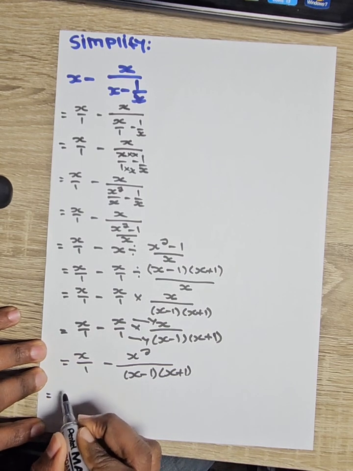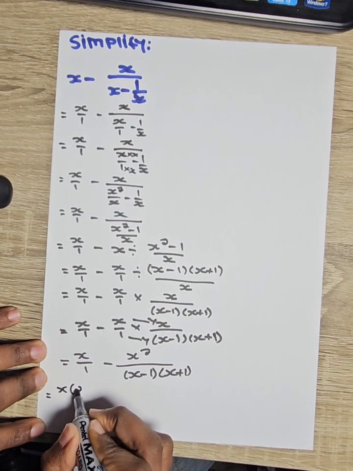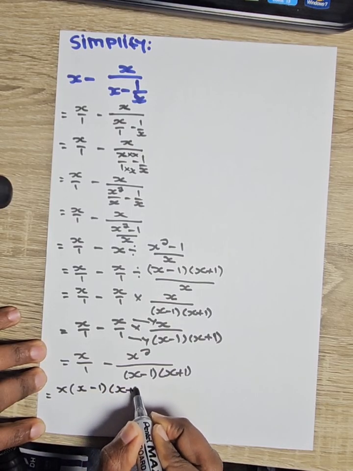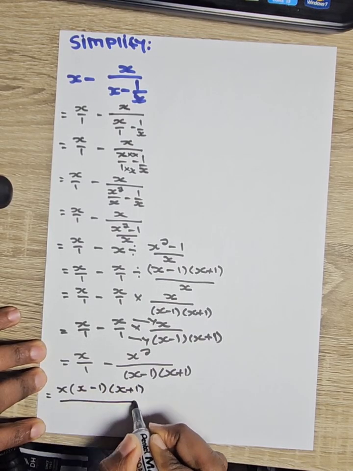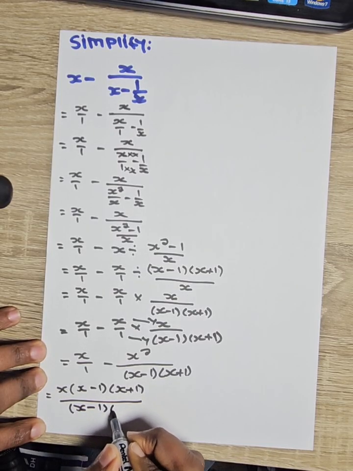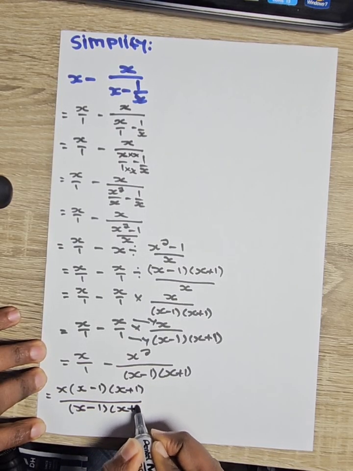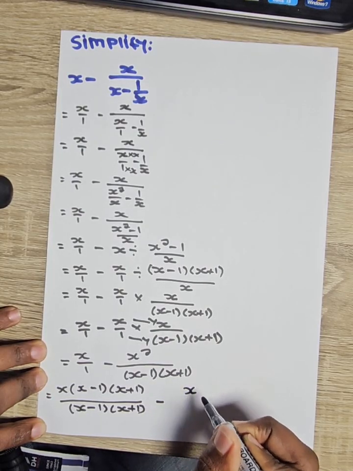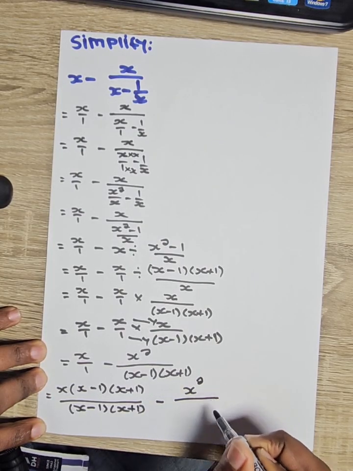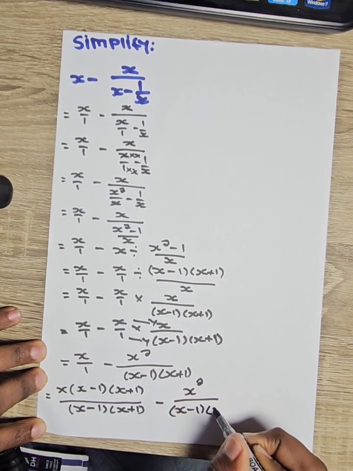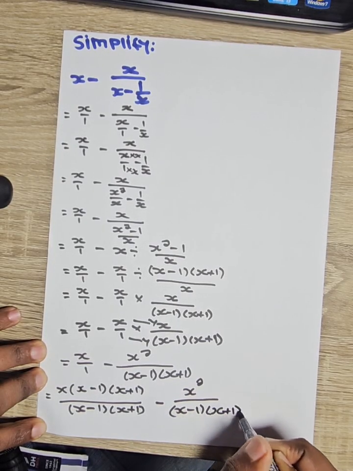And therefore we'll have on top x times x minus 1 x plus 1, and at the bottom I will have just 1 times x minus 1 x plus 1, minus x squared over x minus 1 x plus 1.